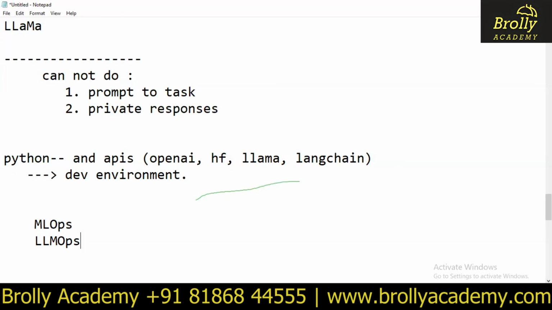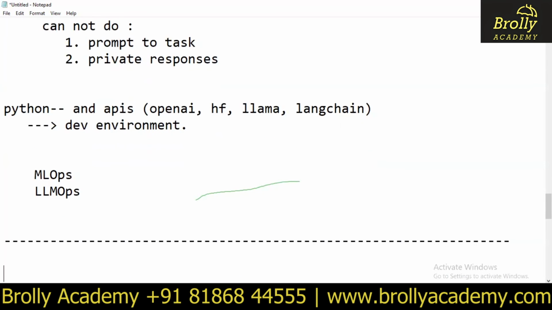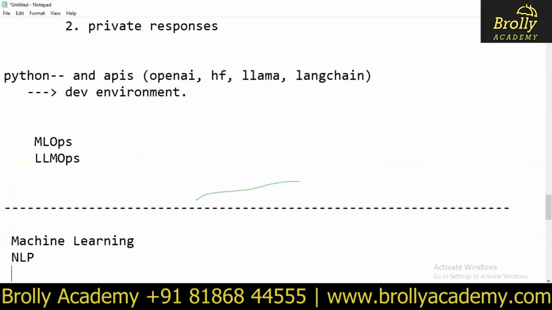Got it? So first of all, to understand all these things very deeply, you need some basic idea of what exactly machine learning is. What is machine learning? What is NLP? What is deep learning?